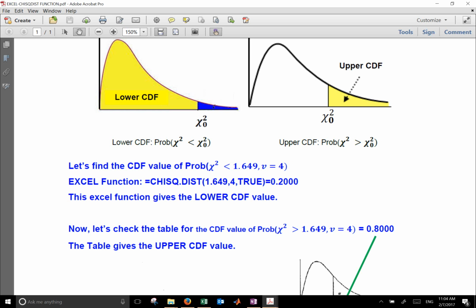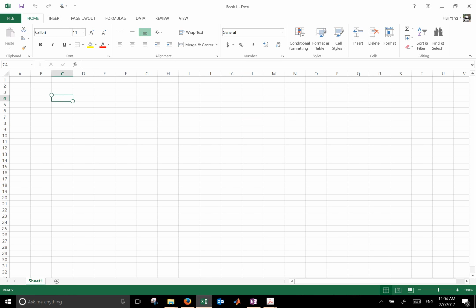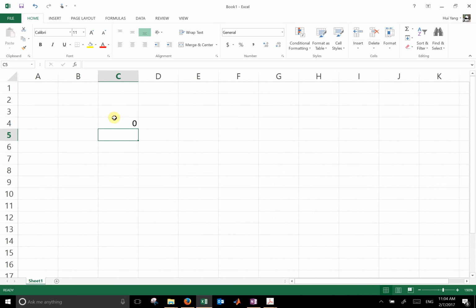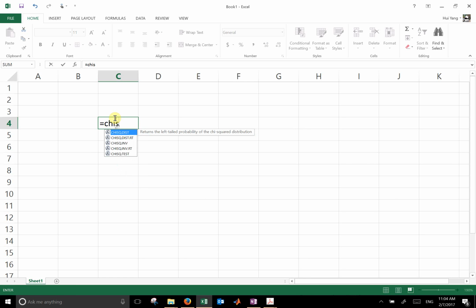And this one will have 3 parameters. The first one is the location.